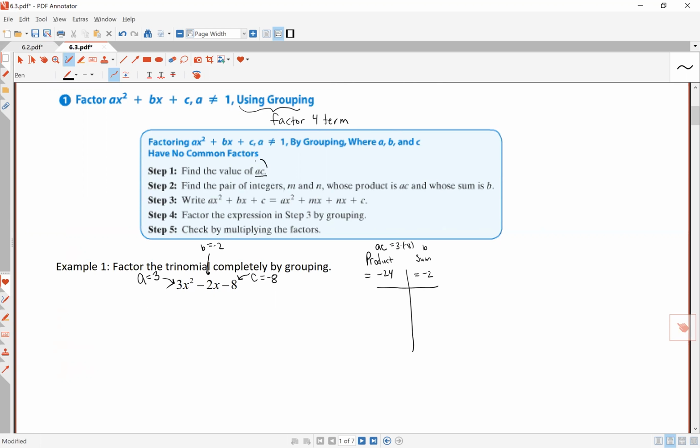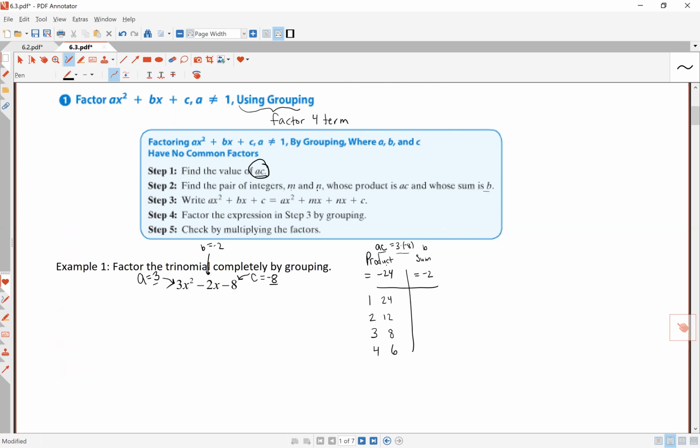So we first find the value of A times C. 3 times -8 is -24. Then we find our pair of integers, m and n, whose product is AC and sum is B. So we're looking for two numbers that multiply to get -24 and add to -2. We have 1 and 24, 2 and 12, 3 and 8, and the last pair is 4 and 6.